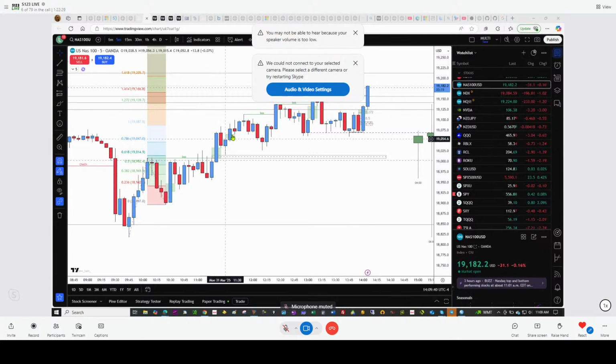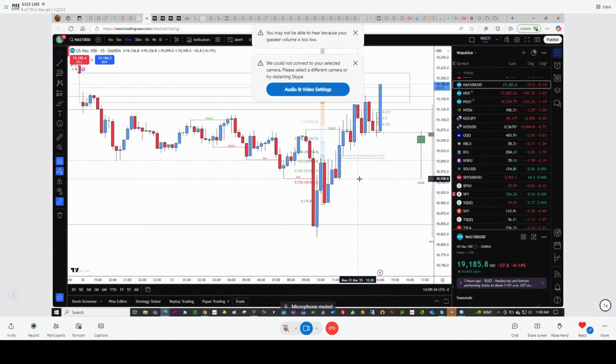This is a very, very efficient setup here. So we're right into the gap. I'm looking for them to come up to that 1.618 area at the end of Friday's, that's Friday's close right there. So it looks like they're heading right up to that area as expected.